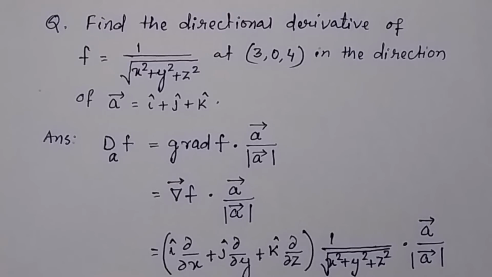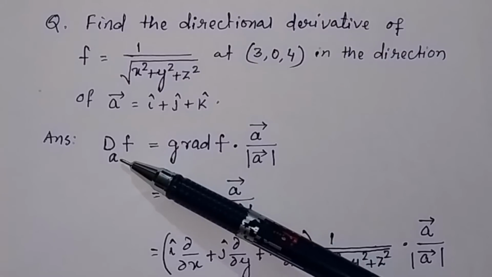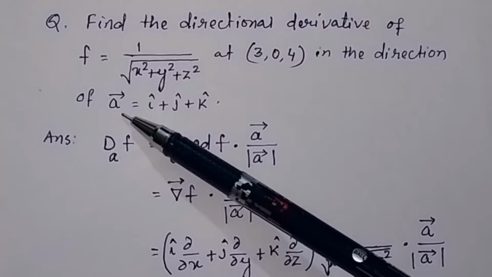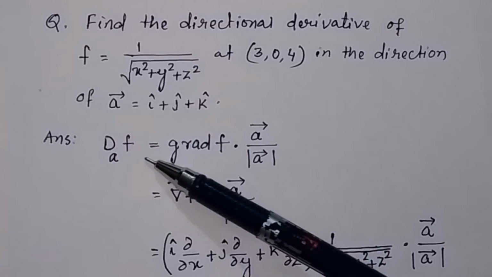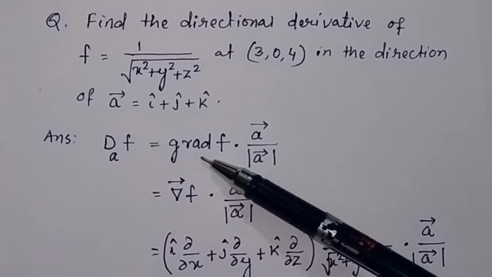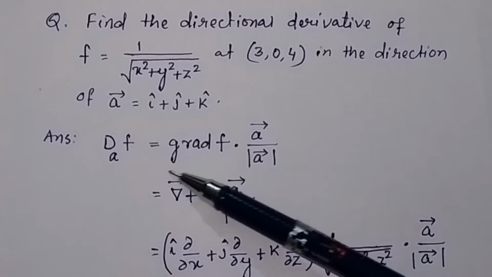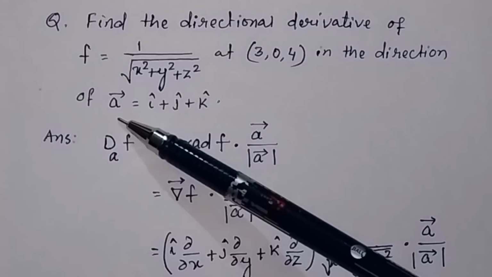To find the directional derivative of a scalar function in a given direction, here the given direction is a, it can be found by the dot product of the gradient of the scalar function with the unit vector along the direction vector a.